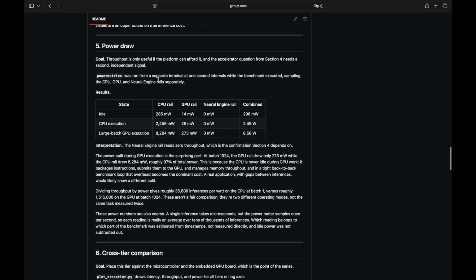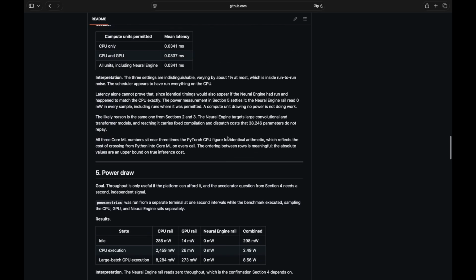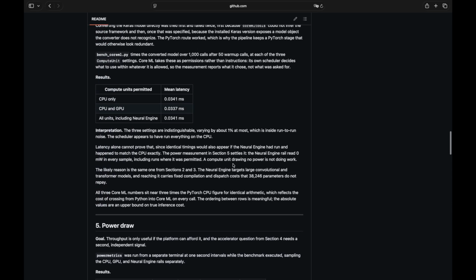Across every sample of every run, including the runs in which the neural engine was explicitly permitted, its power rail reported 0 milliwatts. A compute unit drawing no power is definitely not executing work. Two independent signals, latency and power draw, agree that the accelerator was available and the scheduler declined to use it.